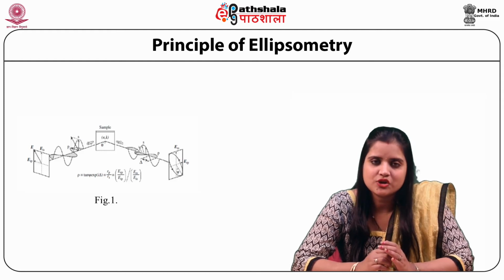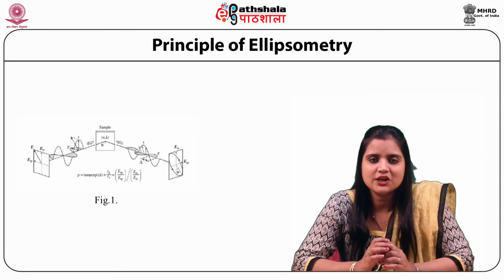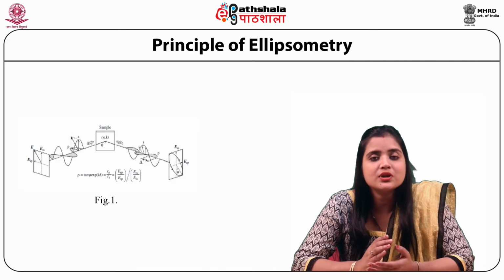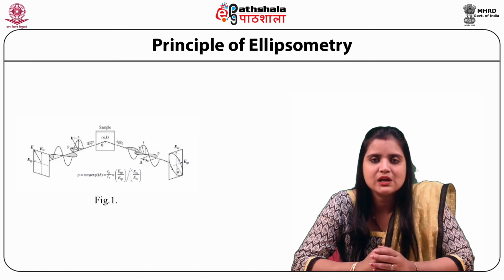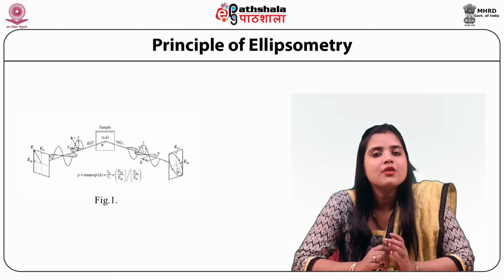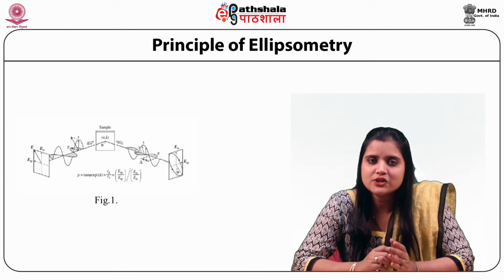In ellipsometry, S-polarized and P-polarized light is made to be incident at Brewster angle on the sample as shown in the figure. The final polarized light, which is coming from the sample, is observed.